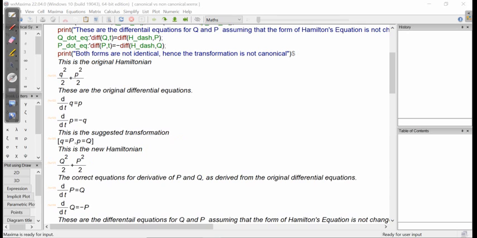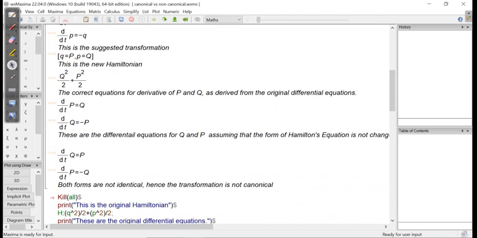For Hamilton's equation, if you believe that partial h dash by partial p is equal to q dot, you will get an incorrect result, because dq by dt is not p, it is negative p. Again, if you try to get p dot as negative partial h by partial q, as written here, you will also get an incorrect answer, because dp by dt is not negative q, it is q. I hope now you understand.